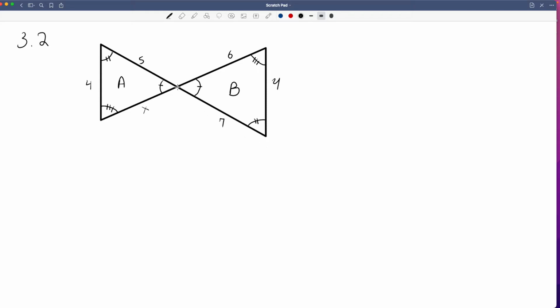So I'm going to call this one in the middle, let's call that C. And then angle 3 is going to be D. And this is going to be E. All right, so angle 3 is D, and then angle 2 is E. And I'm counting the tick marks when I say angle 2 and angle 3. So now I have some reference points to where I can tell which sides are the same, right?